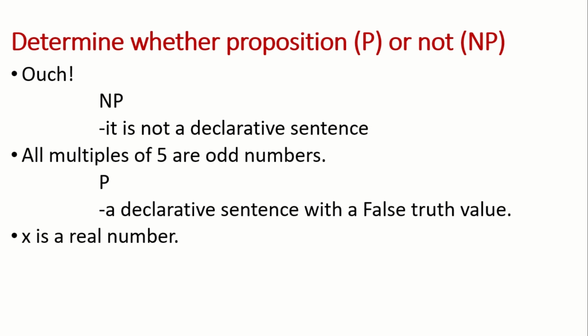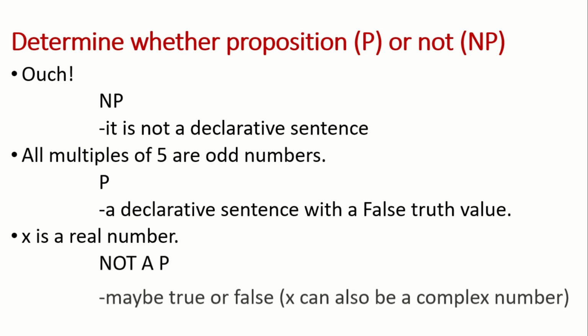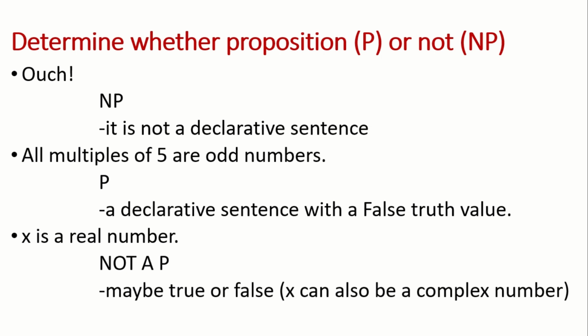X is a real number. So in this case, we do not know what is really X because it is a variable. So it is not a proposition. Why? Because it may be true and false at the same time. Because we can substitute any number for X. It can be a complex number.